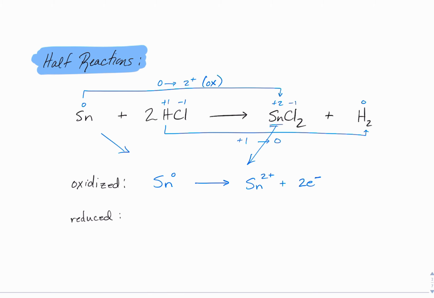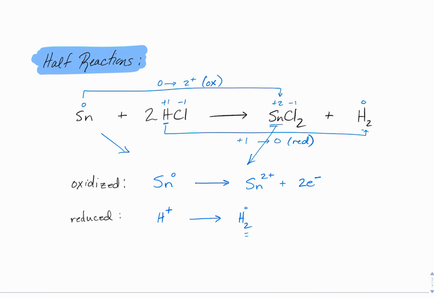If we are using the reduced half reaction, we would look at the part that is reduced. So we're going to go from the H+ in HCl to the H2. So we'll have H+ to H2, which has a 0 charge. Now notice how there are 2 H's. Half reactions have to be balanced also, just like regular reactions.